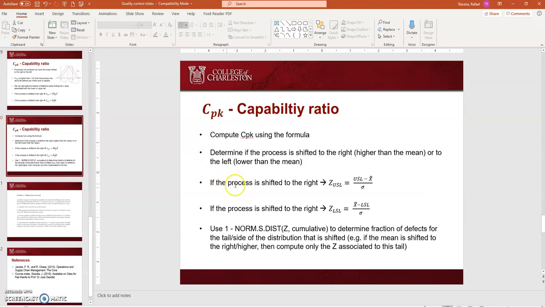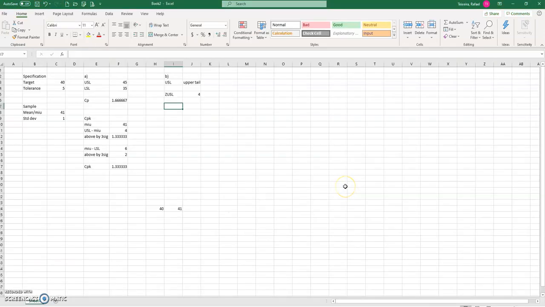So you compute this z, and then the next step: it is the upper tail, and not just because it's the upper tail, but because it's a positive number. This z is positive. And remember from your class on statistics, if it's positive, then it is to the right, and then you want to compute what is left after we define an area of the upper specification limit.